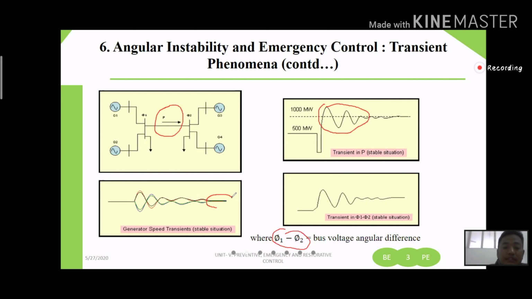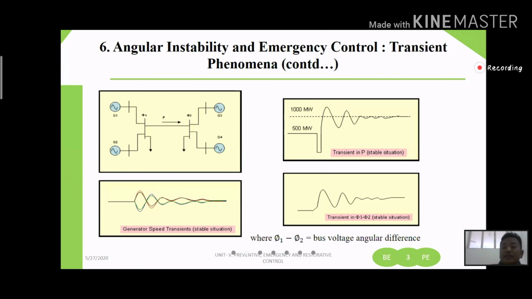Similarly, phi 1 minus phi 2 is stable. Initially when there is a fault there is a disturbance, and after the fault is cleared it comes back to the steady state. In such a case there is no need to carry out any emergency control, because as soon as the fault is cleared, it is coming back to the steady state. So this is the first case we have considered.